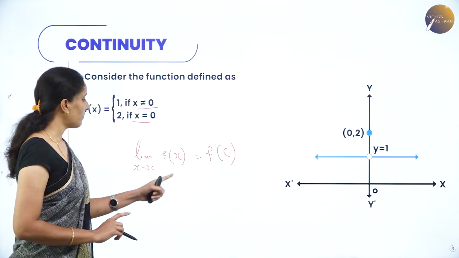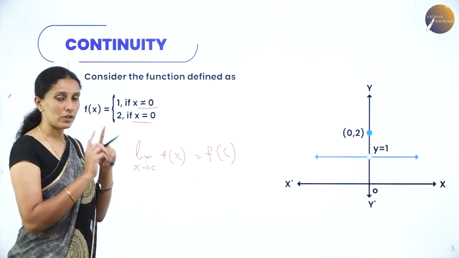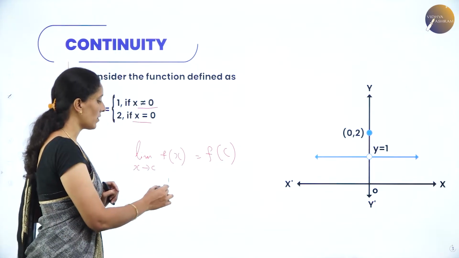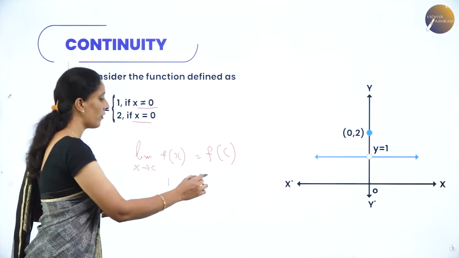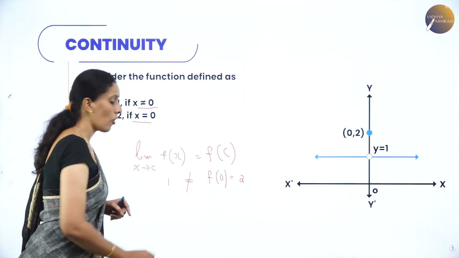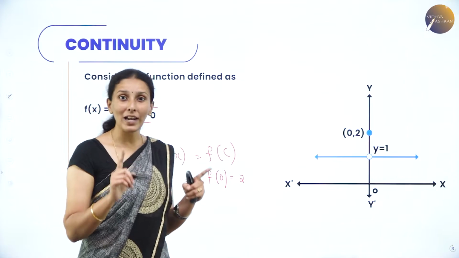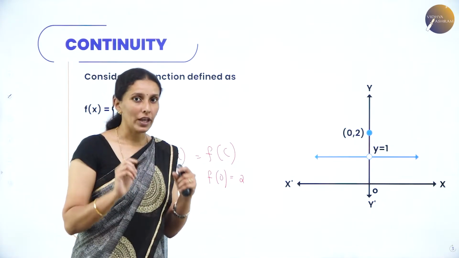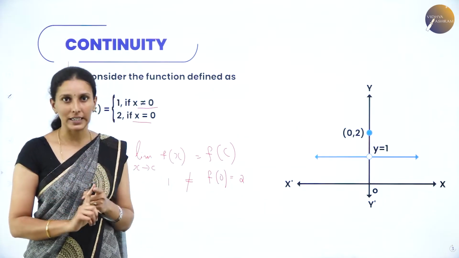But here, the left hand limit as well as the right hand limit at x is equal to 0, that is before 0 and after 0, the value of the function is 1 and f of 0 is 2. So clearly, f of 0 is equal to 2, but here they are not equal. Whenever the limit of the function is not equal to the value of the function, we say the function is not continuous. So therefore, this is an example for a function which is not continuous.